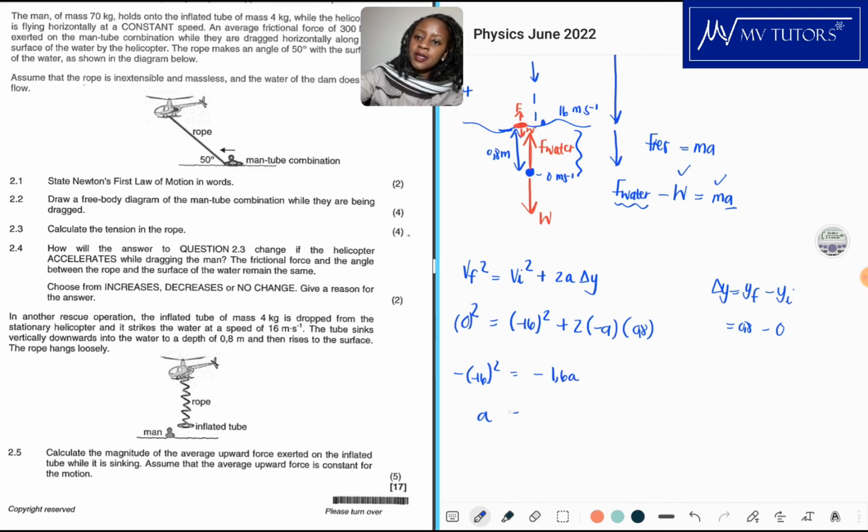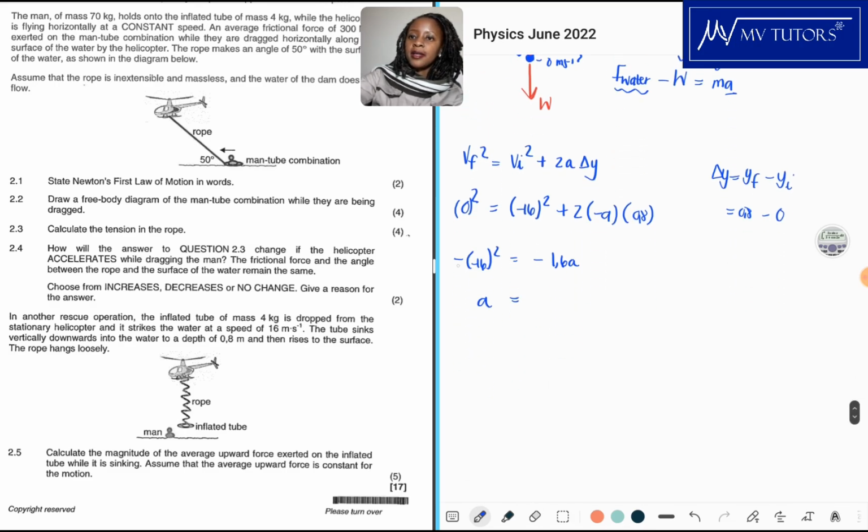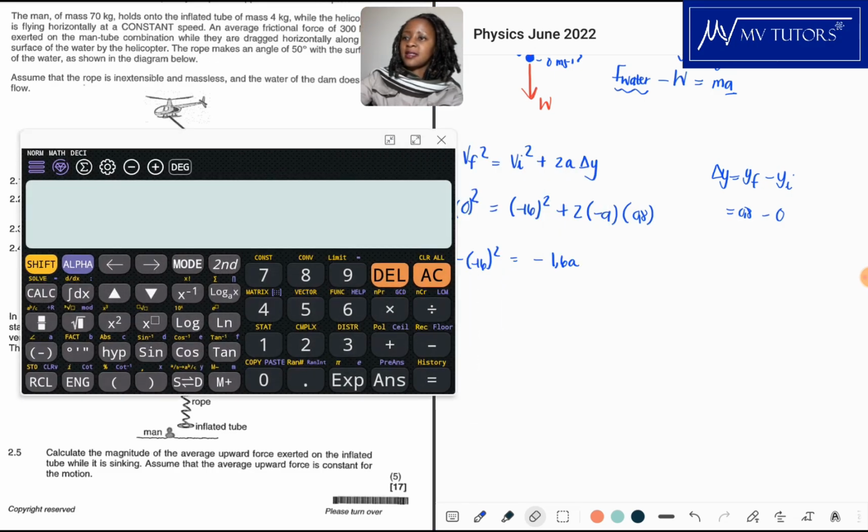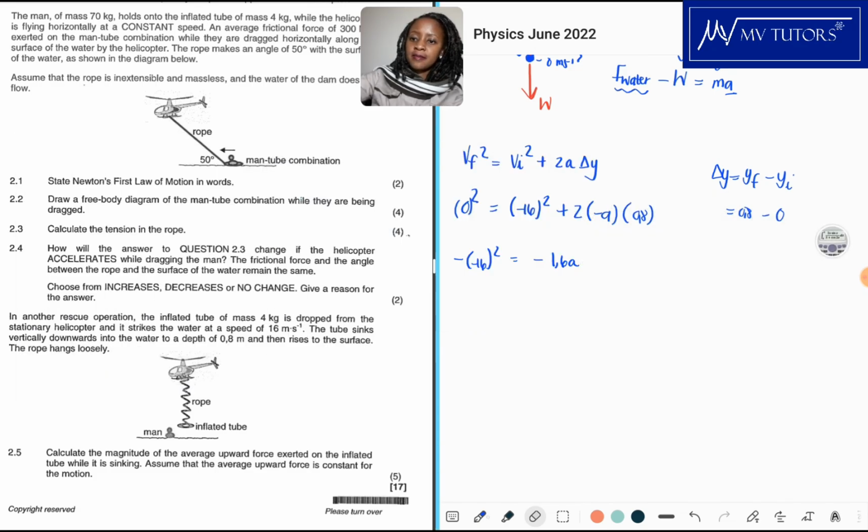And so acceleration will be equal to... no, it won't be negative. Can we just get what 16 squared is? Okay, it's 256.